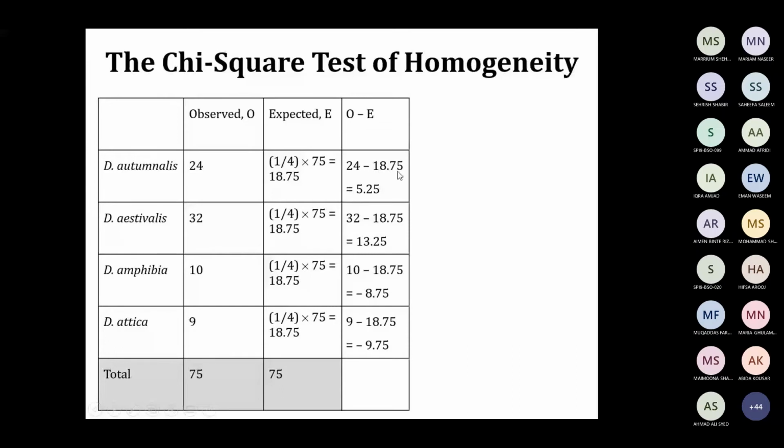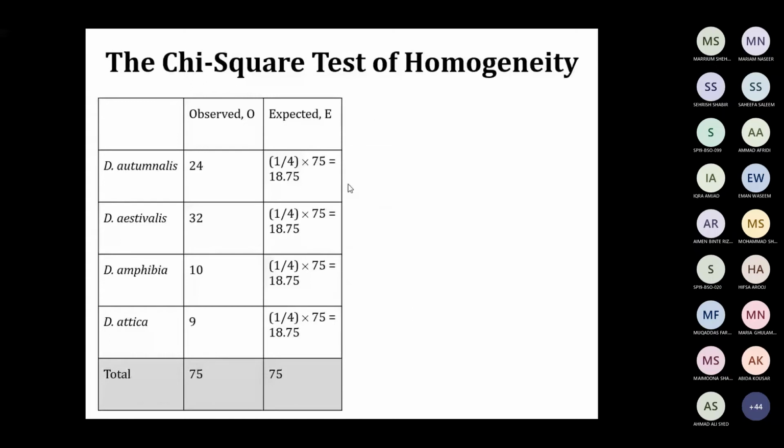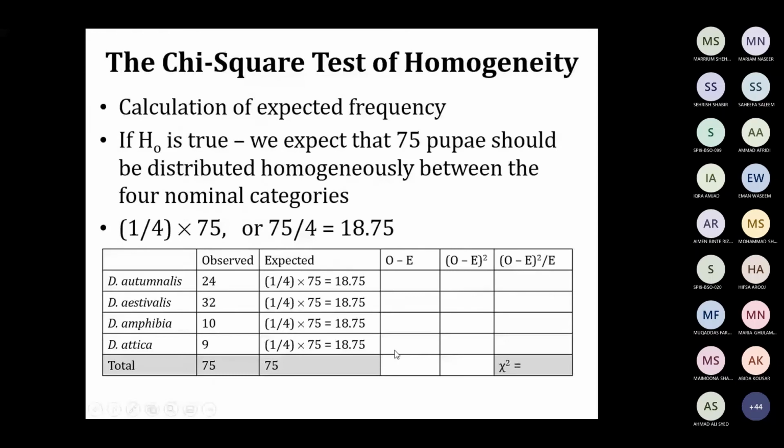Or what we can do is, let me explain the procedure here, and then you come up with the chi-square value yourself so that you can have the practice as well. You have to calculate the difference between the observed and expected frequency for each class separately. Then you have to take the square of these individual values, and then divide this square of the difference by the expected frequency of the respective class.